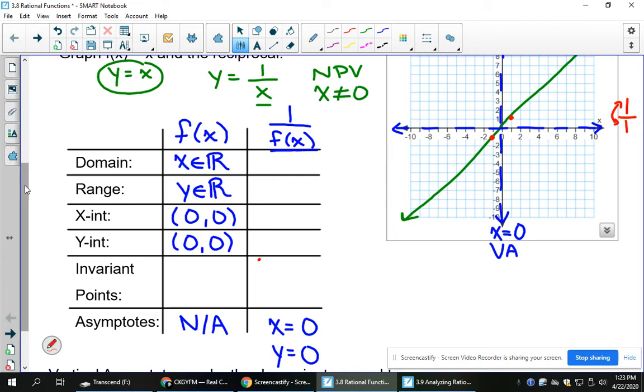They occur at points where the y value is 1 and also negative 1. Or pardon me, they occur where the x value, let's write that down, is 1 or negative 1.